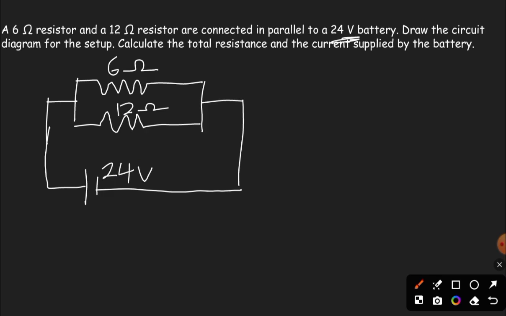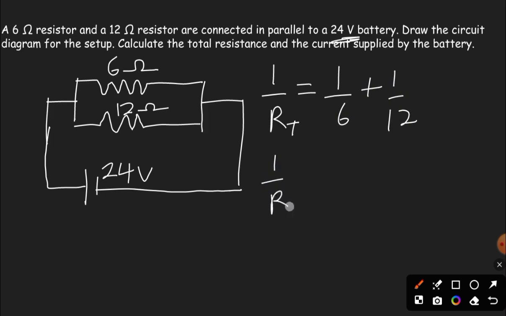So we are supposed to find the total resistance. Now, when it's connected in parallel, this is how you find the total resistance. 1 over RT, the RT represents total resistance, equals 1 over R1 plus 1 over R2. So R1 here is 6, plus 1 over 12.